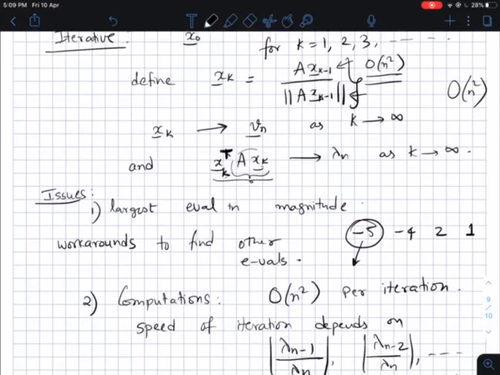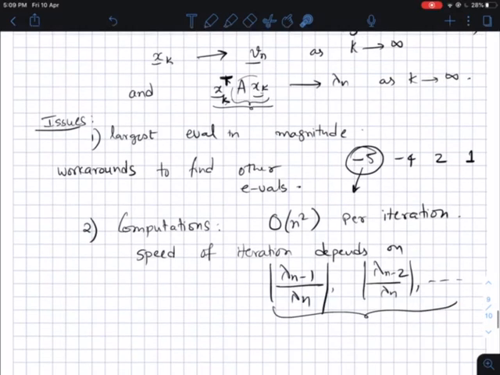Maybe A is very large, but only a few coefficients are non-zero, in which case computing Axk-1 will not take you order n². It may actually be way faster than that, depending on how sparse A is. So in that case the algorithm will take even fewer computations.